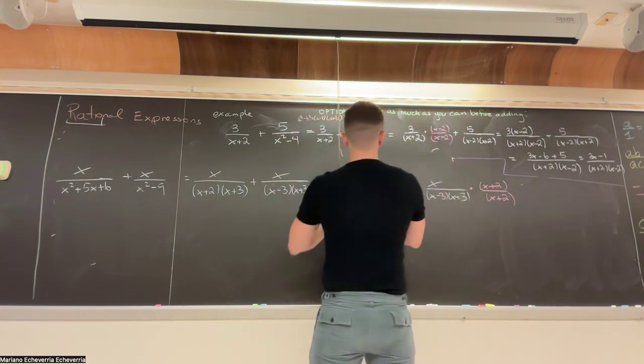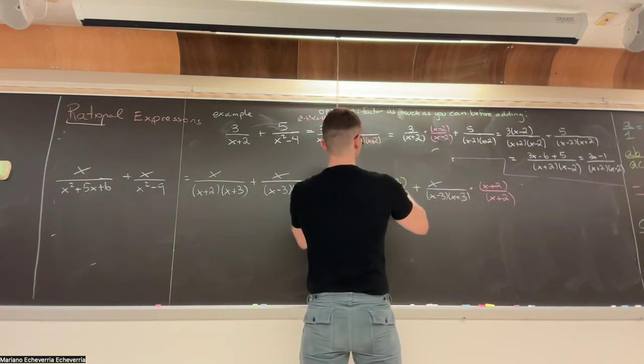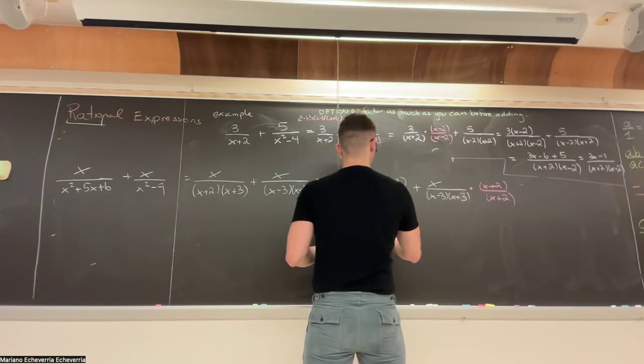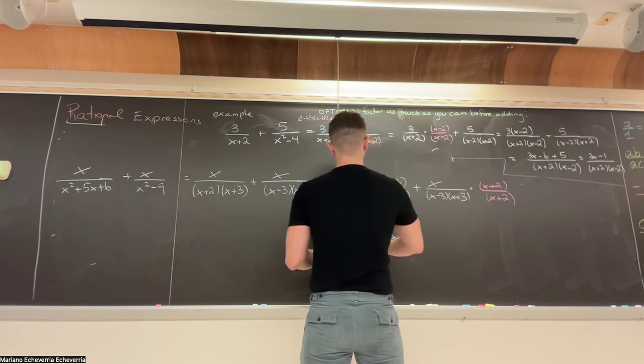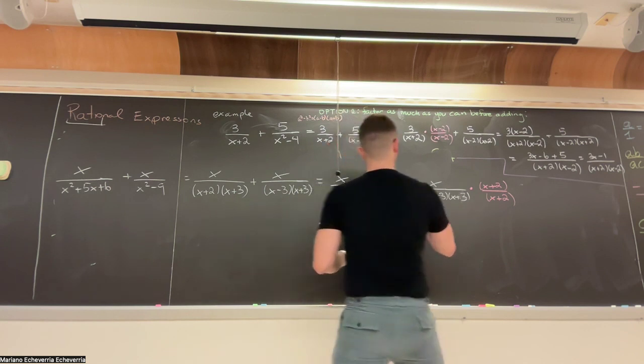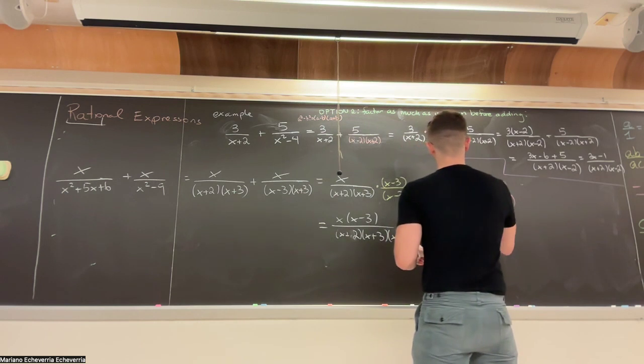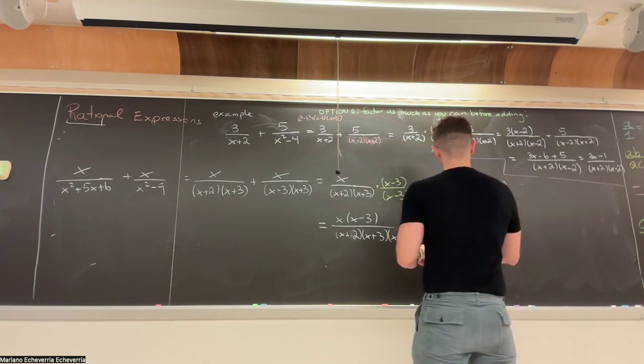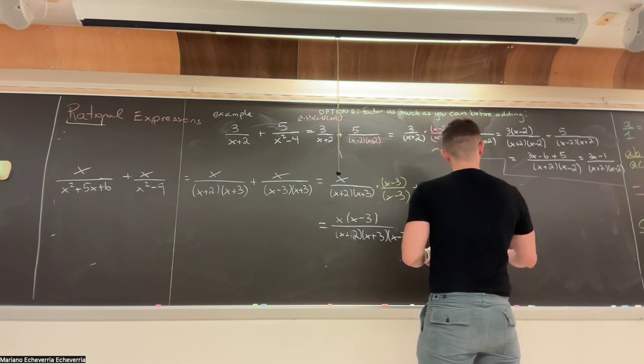Then, again, you multiply numerators and denominators, so you get x times x minus 3, and this one gives you x plus 2 times x plus 3 times x minus 3. And the other one is x times x plus 2, and then x minus 3, x plus 3, x plus 2.